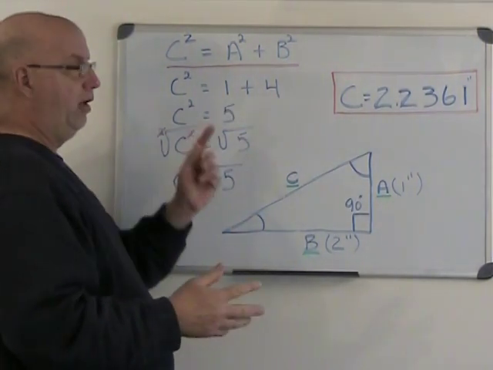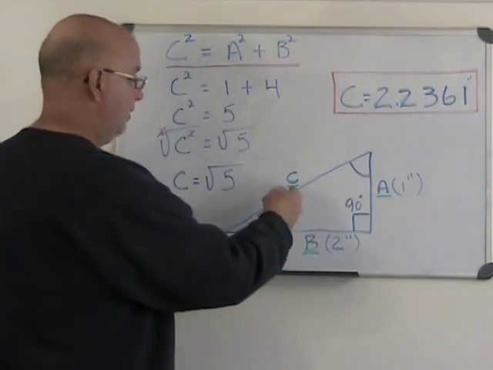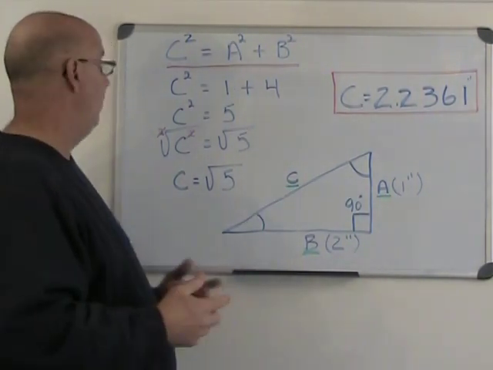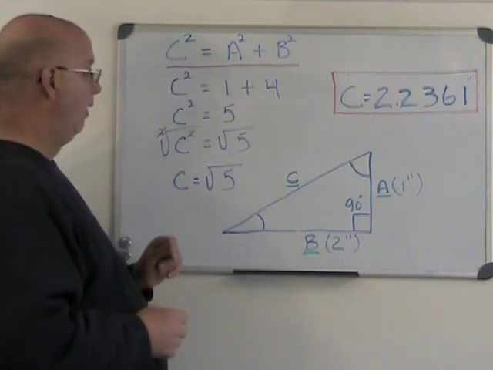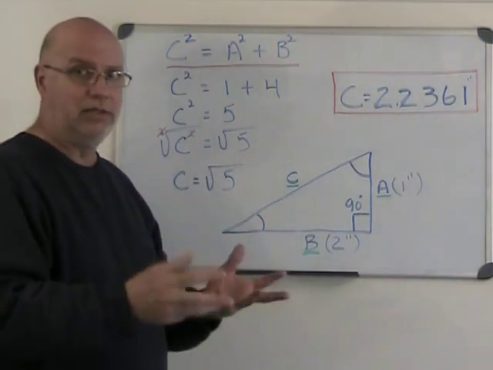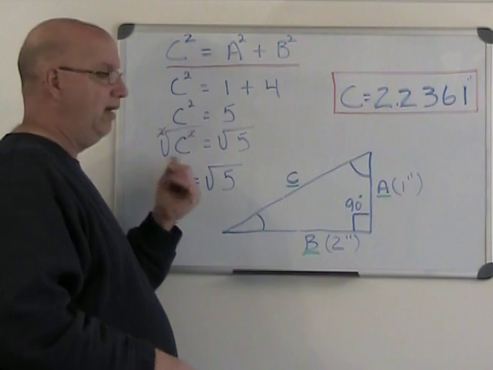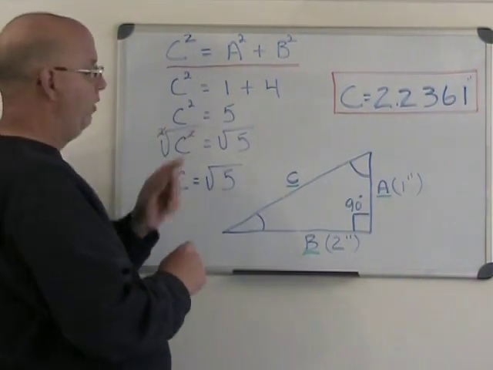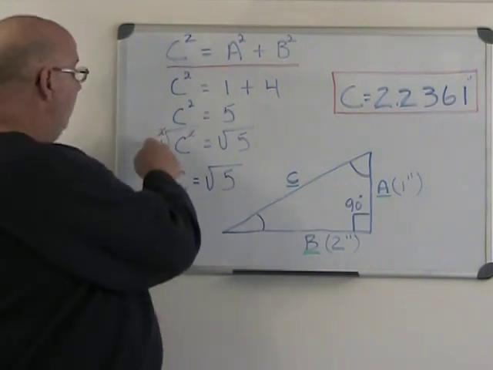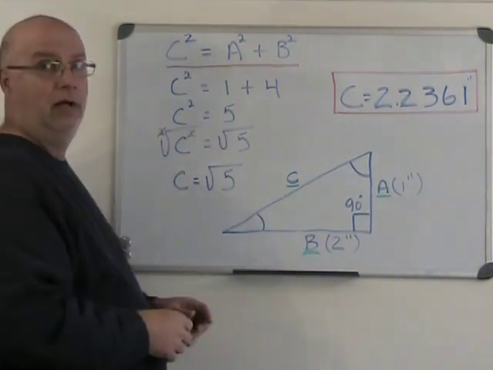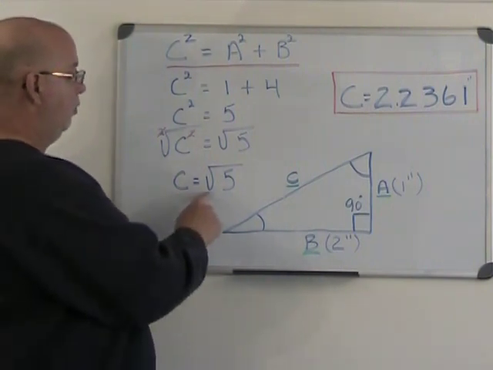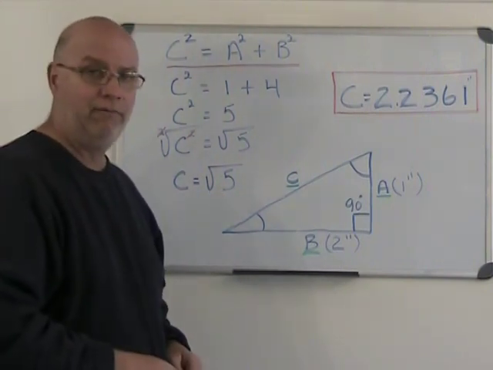Now, c squared equals 5 is great, but it doesn't tell me what c is. To find c, I have to take the square root. And remember, with our equations, if I do something on one side, I have to do it on the other. So I take the square root of c squared, the squares cancel out, and that gives me c equals the square root of 5.